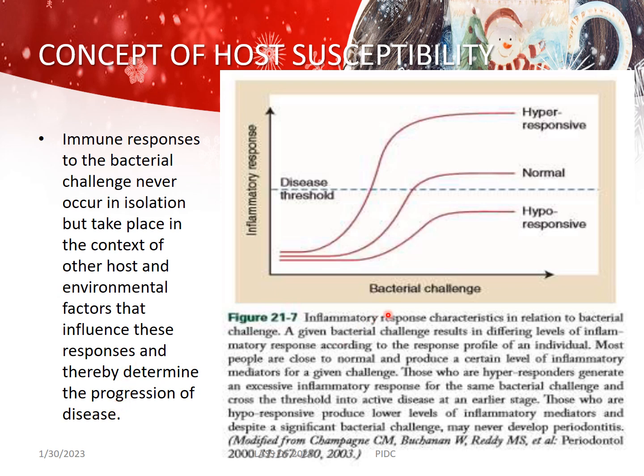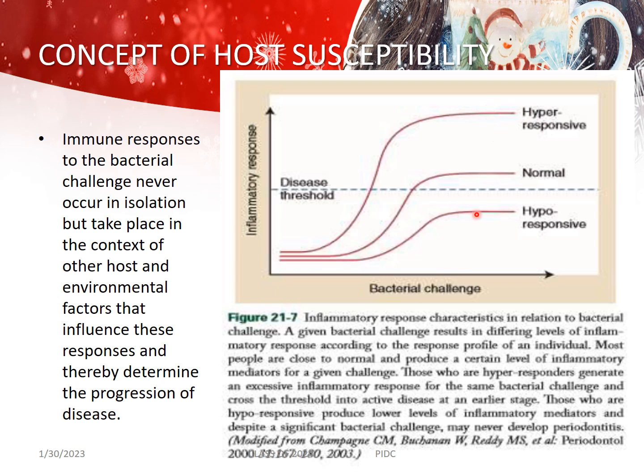So here is a curve showing inflammatory response characteristics in relation to the bacterial challenge. A given bacterial challenge results in differing levels of inflammatory response according to the response profile of an individual. Most people are close to normal and produce a certain level of inflammatory mediators for the given challenge. But those who are hyper-responders generate an excessive inflammatory response to the same bacterial challenge and cross the threshold into active disease at an earlier stage itself.